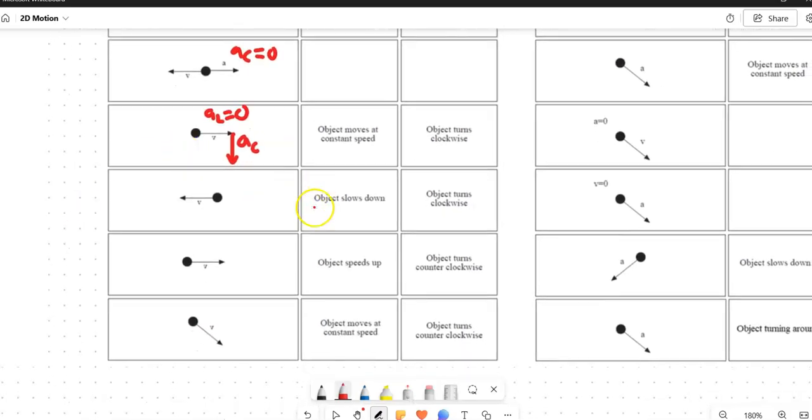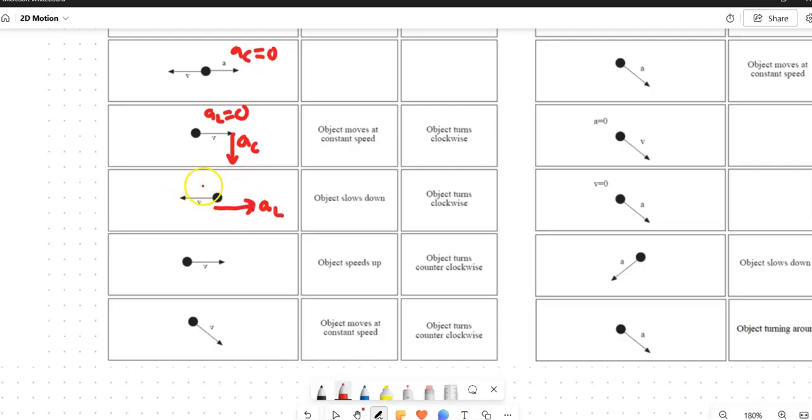Let's try another one. An object slows down and it's turning clockwise. That means it's got to have a linear acceleration vector opposite the direction it was moving. So that AL vector, linear acceleration vector, is opposite the direction of its velocity vector.